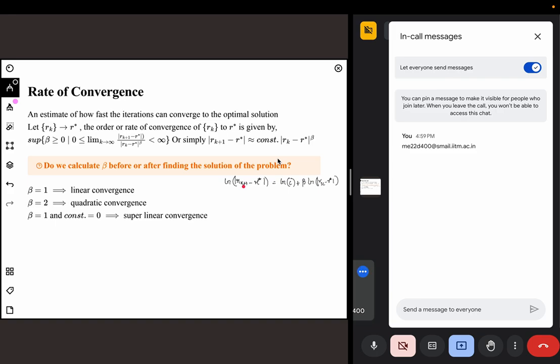From this, you know the values of R_{k+1}, R_k and R star, so you can estimate the value of beta if you draw this as a plot.